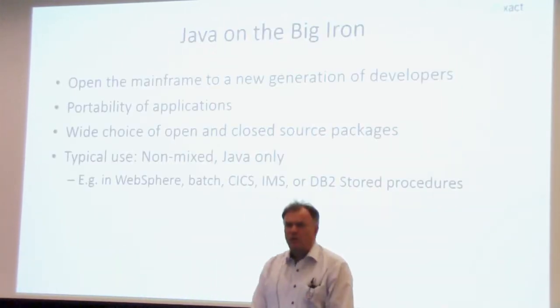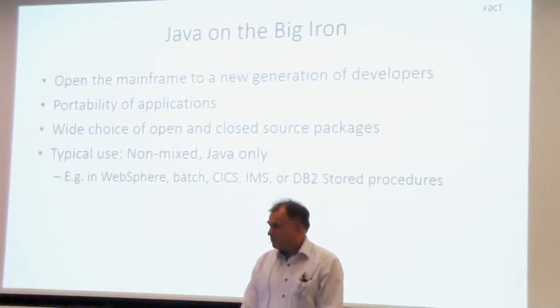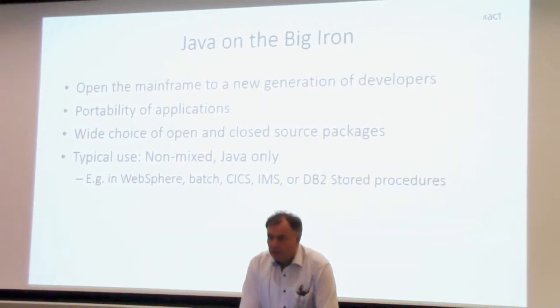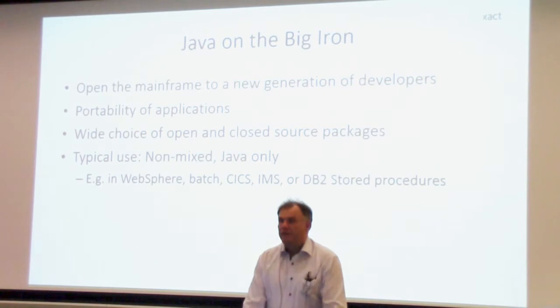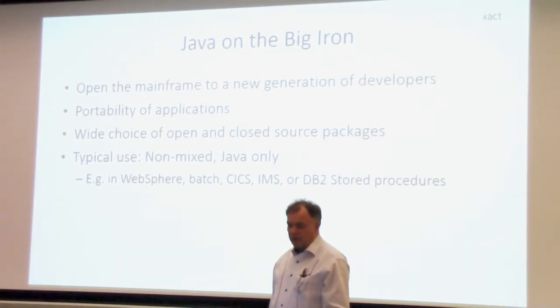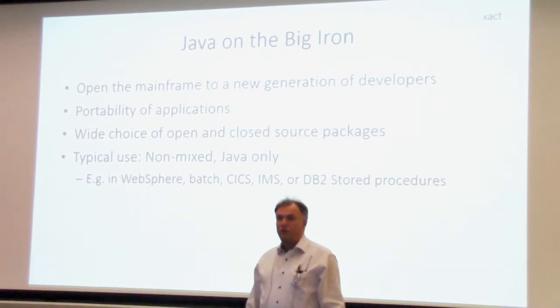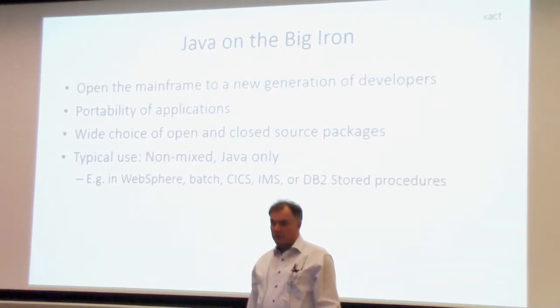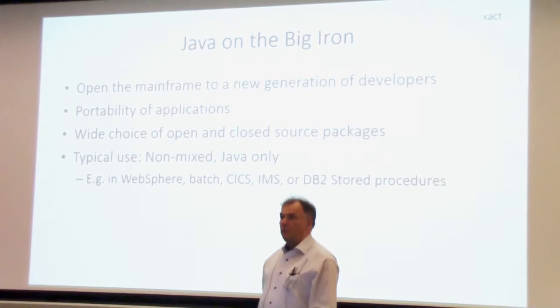So why do we run Java on Z in the first place? The arguments are different from different companies, but I think in general, it's to open the mainframe to a new generation of developers. And this question about portability of applications.